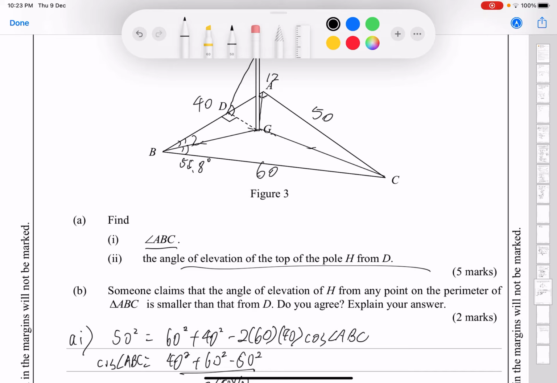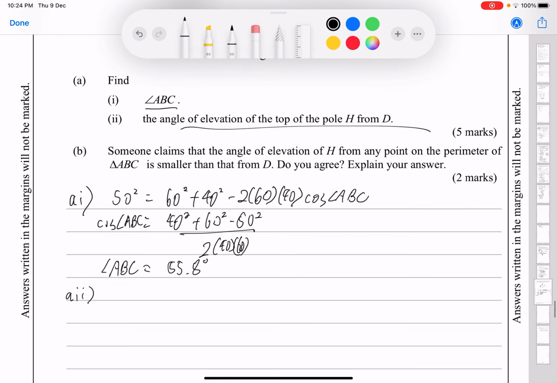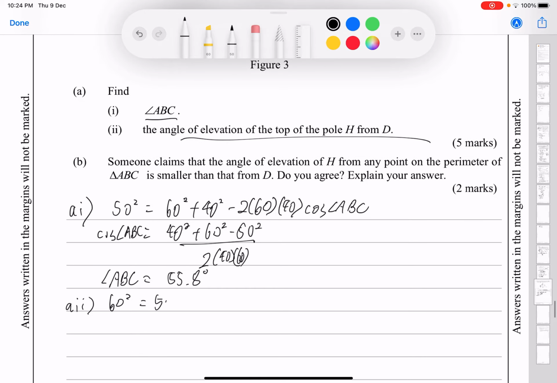Then, we need to calculate the angle DAC by using the cosine rule again. 60 square equals 50 square plus 40 square minus 2 times 50 times 40 cosine angle DAC.